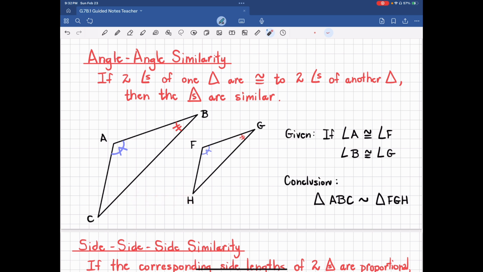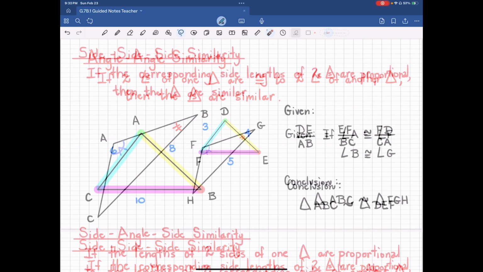In our example, we are told angle A is congruent to angle F and angle B is congruent to angle G, so we don't have to worry about these third angles. We can just conclude that triangle ABC has to be similar to triangle FGH.